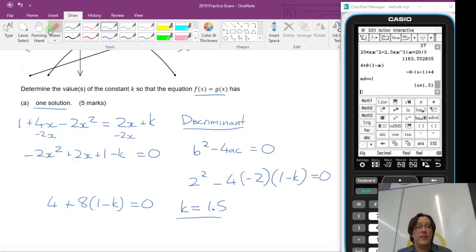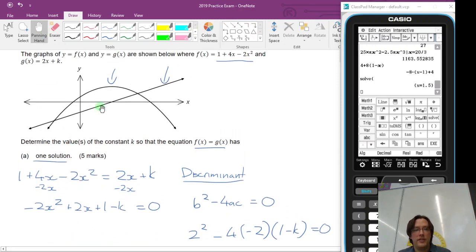The thing to bear in mind is that this is finding the intersection point. This is a line, and k is the amount that it is shifted up or down. We want to find the point where it just touches once. That's what one solution means for where f of x equals g of x. So we move k up, and it makes a bit of intuitive sense.